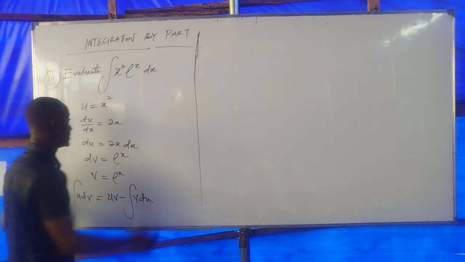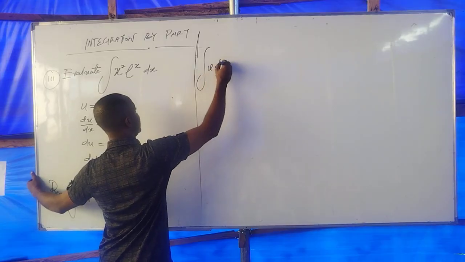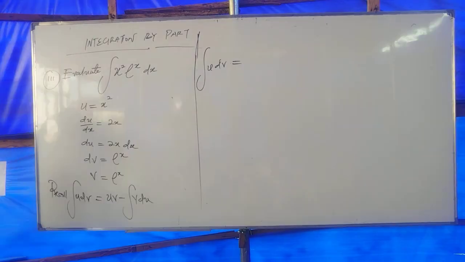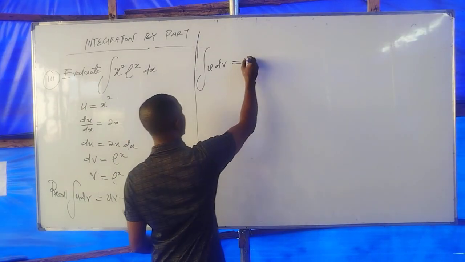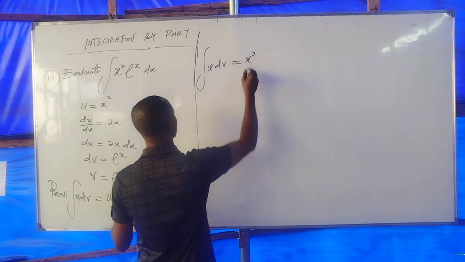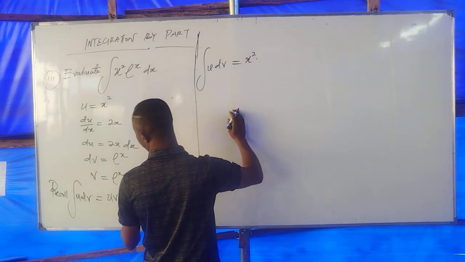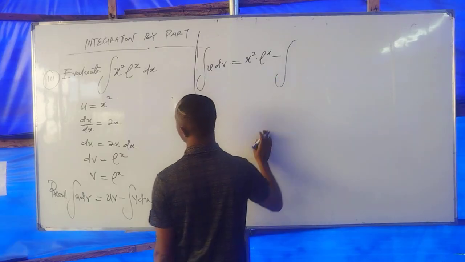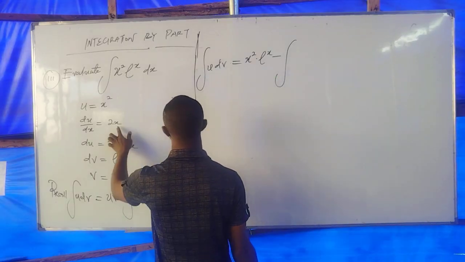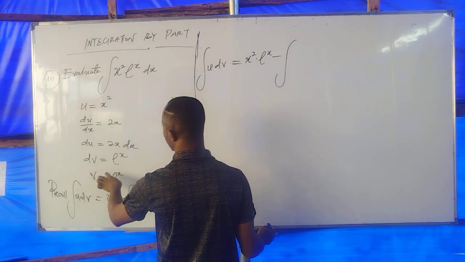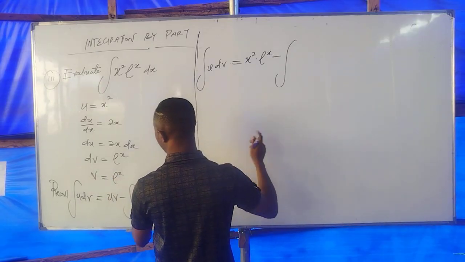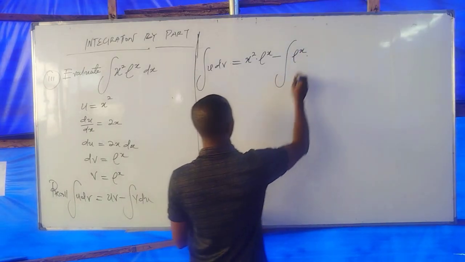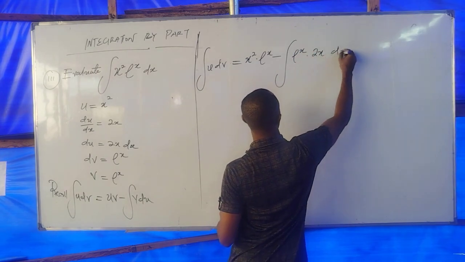Okay? So that means our integral of u dv becomes, what's our u? Let's go, what's our u? Yes, x squared, thank you. Our u is x squared, dot, what's our v? Exponential x, right? Minus the integral of our v, exponential x, dot 2x dx.